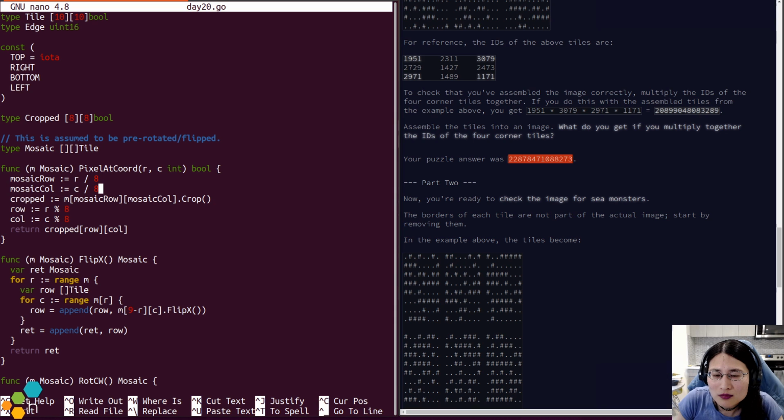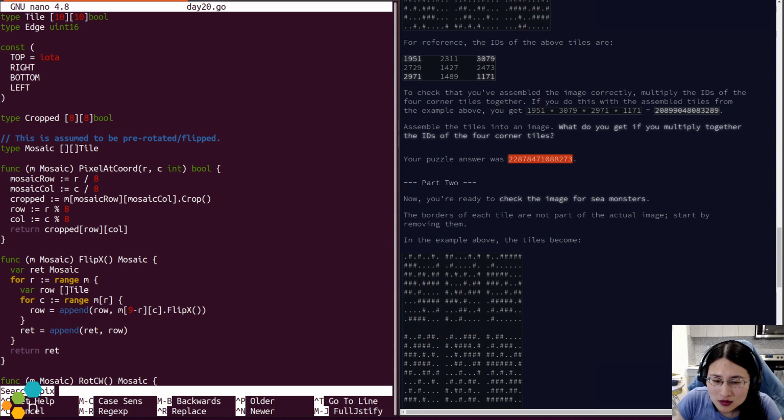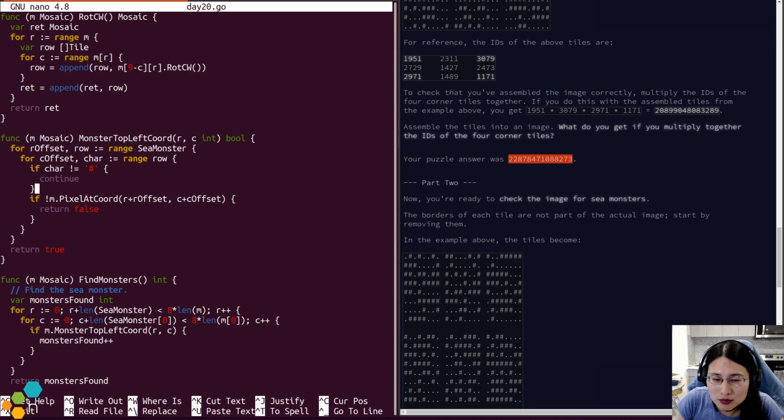Mosaic column. Why am I asking it for a row and column that's out of bounds? What am I calling it with? Yeah, I should never be calling it... Okay, so my logic here is busted.